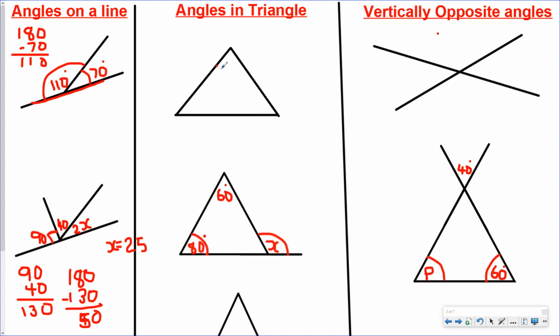Now we've got angles in a triangle. So that's 80 degrees and that's, say, 70 degrees. We're going to work out what this one is. 80 plus 70 is 150, and then take it away from 180, since angles in a triangle add to 180.